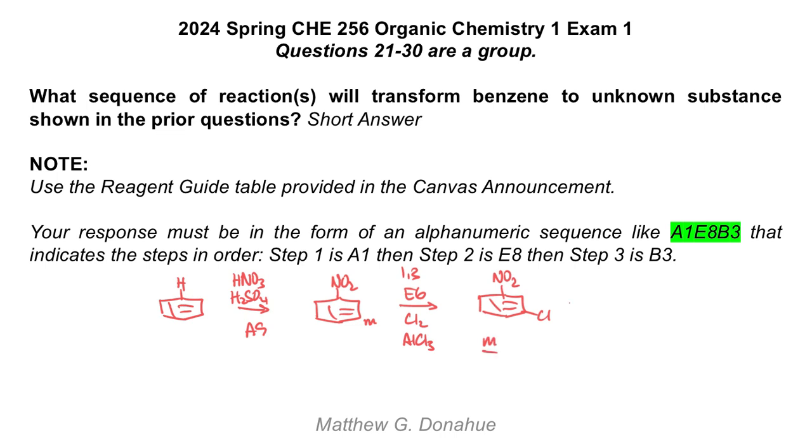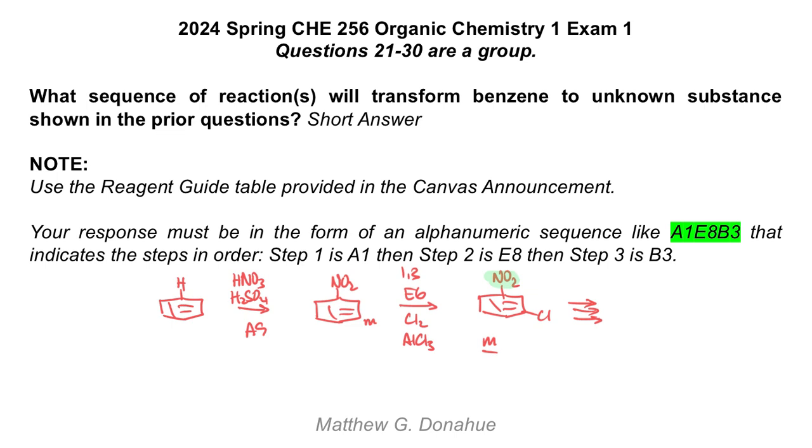What you need to do is a series of steps that transform the nitro group into the oxygen. Once you get the phenol, you're going to do an acid-base reaction to get the alkoxide, and then an SN2 reaction to install the methyl group.